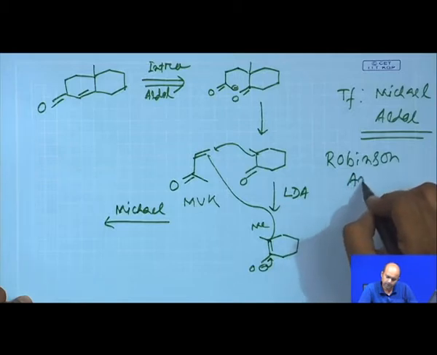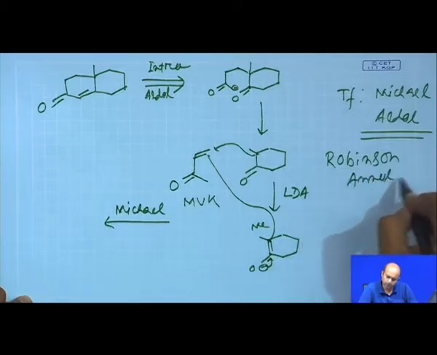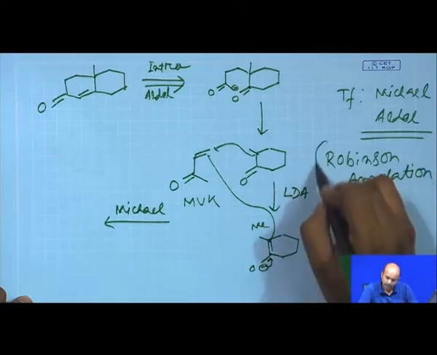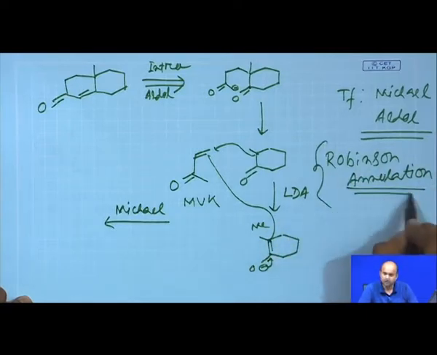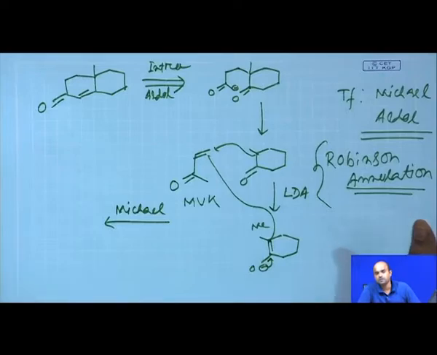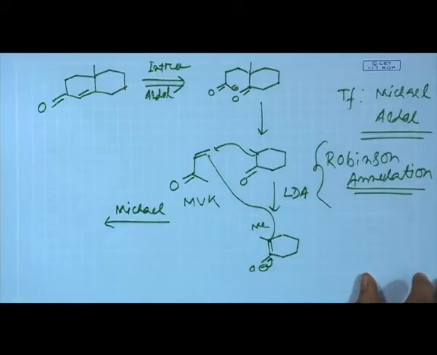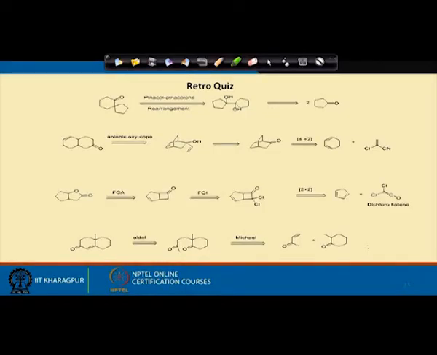Sir Robinson made a significant contribution in the field of organic synthesis, and annulation means a ring forming reaction. Annulations are very useful reactions for forming rings. This is a simplified version, but it usually follows a Michael as well as aldol transformation based on the overall pathway.